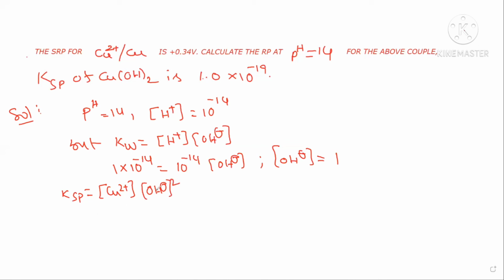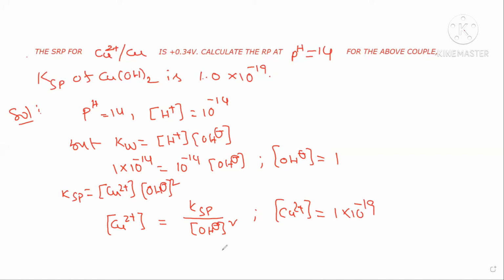So Cu2+ ion concentration is equal to Ksp by concentration of OH minus square. Therefore, Cu2+ ion concentration is equal to 1 into 10 to the power of minus 19.